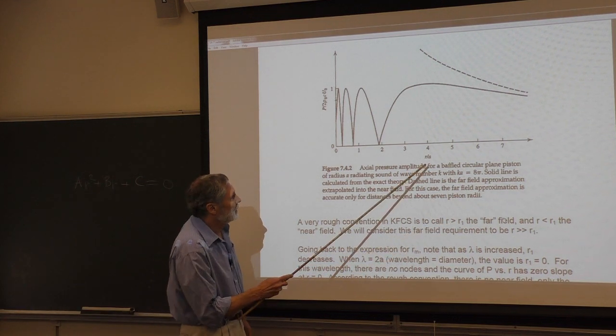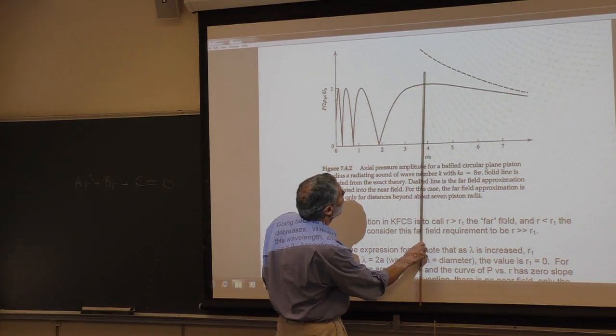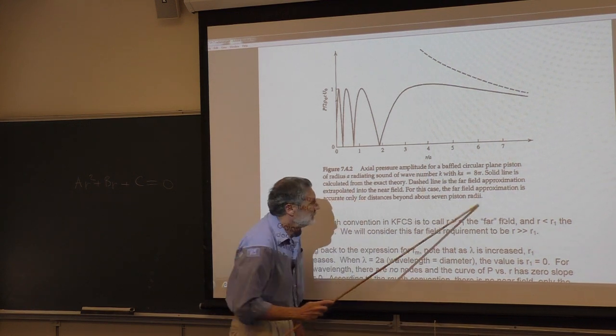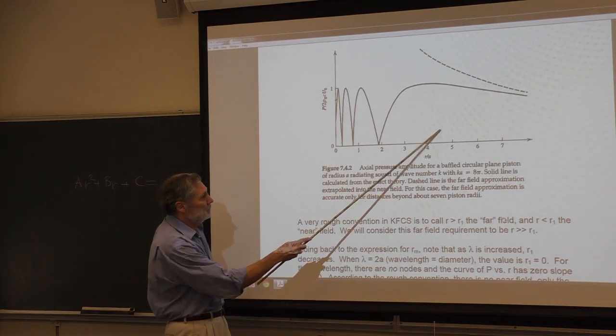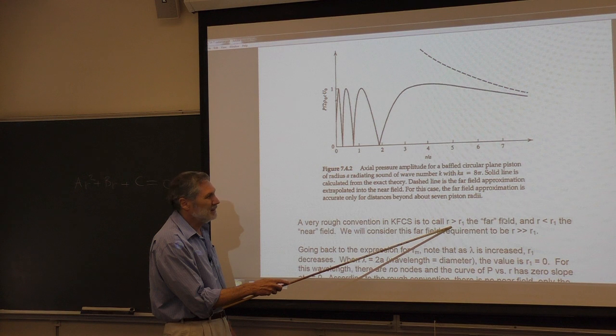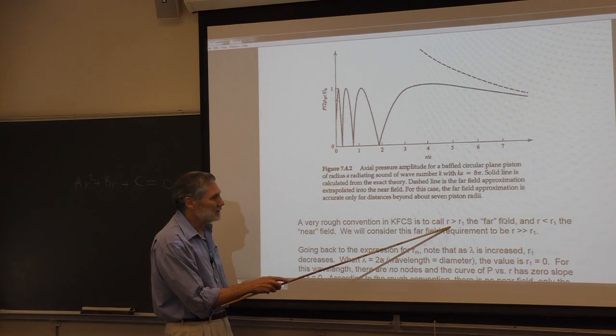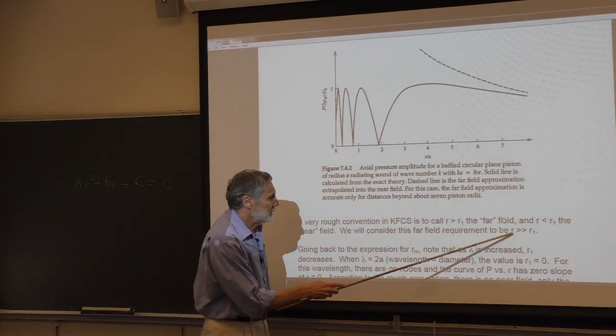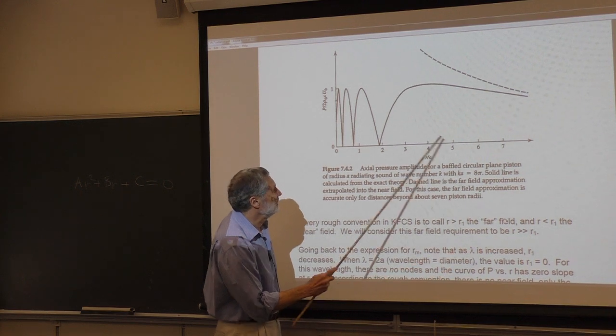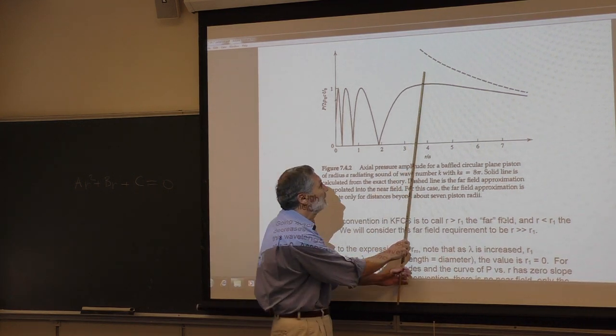Well, let's just call it R1. So R1 is right around here somewhere. KFCS say that you just have to be beyond there to be in the far field. I think that's pushing it too much. On the other hand, this is saying that you have to be much greater than this value.